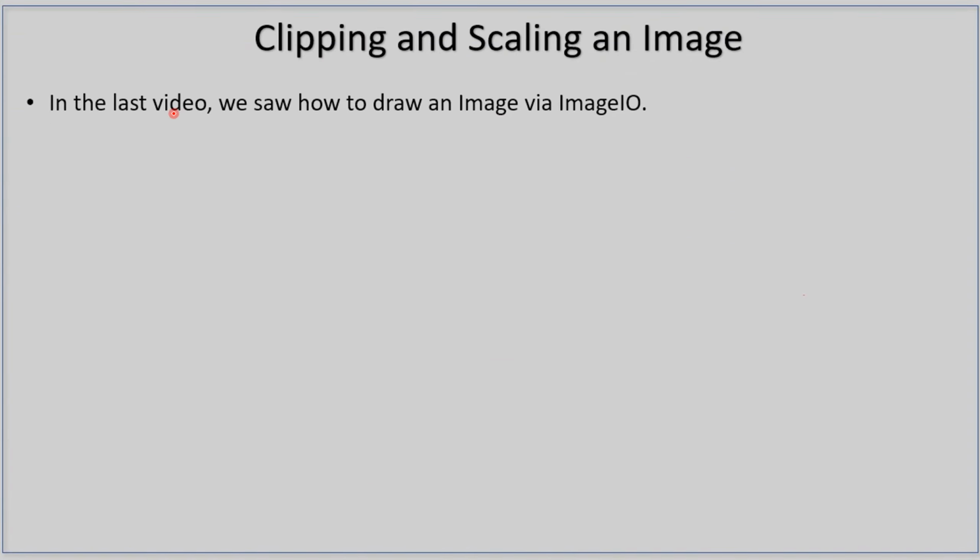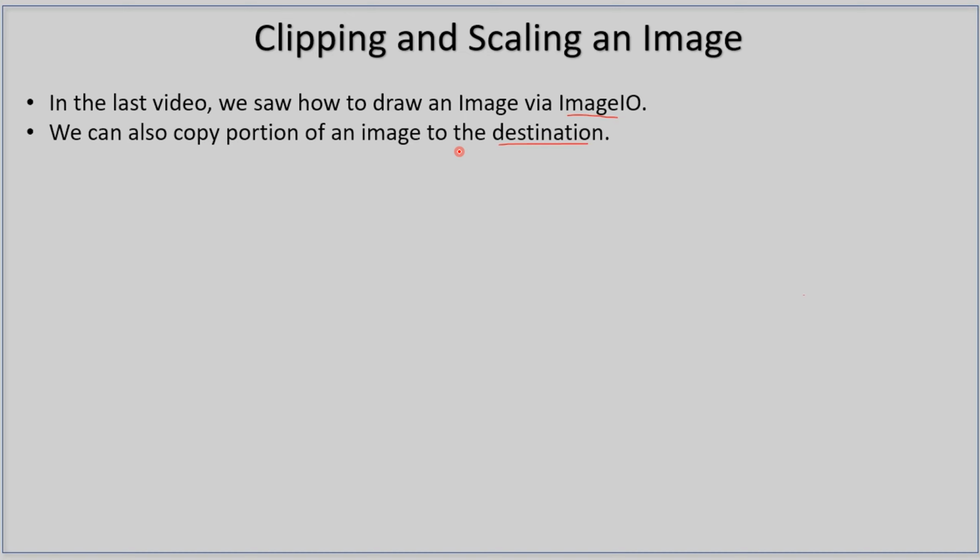In the last video we saw how to draw an image via ImageIO. We can also copy a portion of an image to the destination. So previously we just loaded the image from the disk file, then we displayed that in the dialog box.